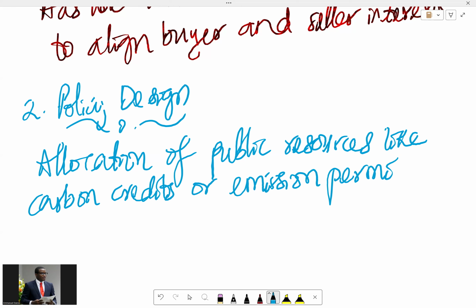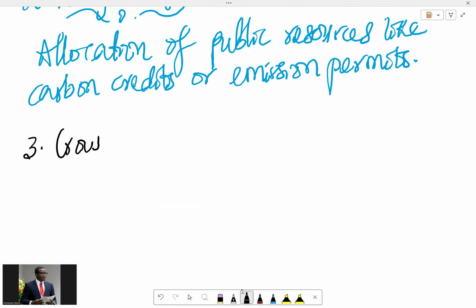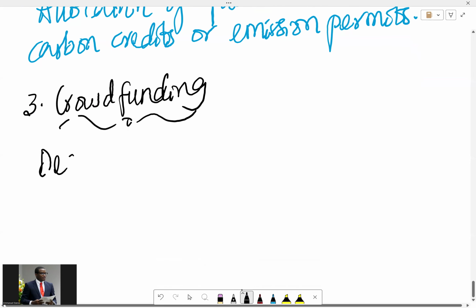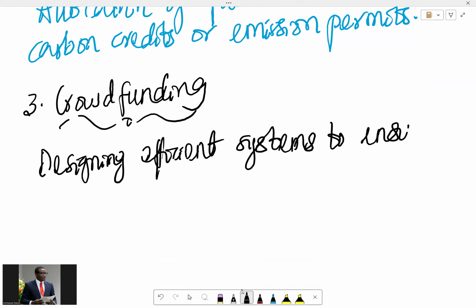So mechanism design can help in this situation. And then finally, we can talk about crowdfunding, which is a big deal these days. We have a whole lot of crowdfunding happening, especially now with the internet. And there are even special platforms designed for such scenarios. So for crowdfunding, mechanism design can actually help in designing efficient systems to ensure fairness and resource optimization.